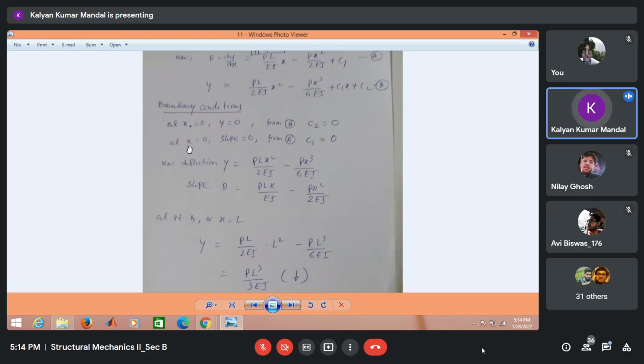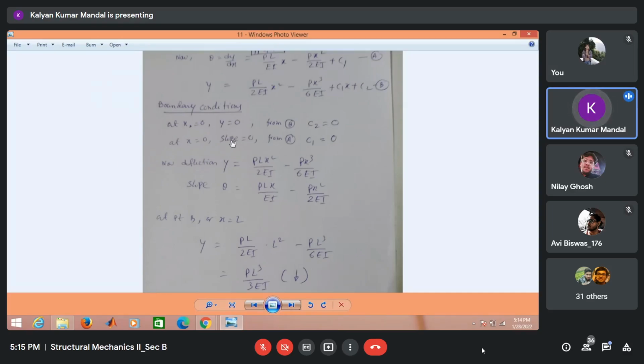Now the second boundary condition: at x equal to 0, the slope is equal to 0. At point A, the slope is equal to 0. Then in the expression for the slope, equation A, if we put slope equal to 0 at x equal to 0, C1 will be equal to 0.